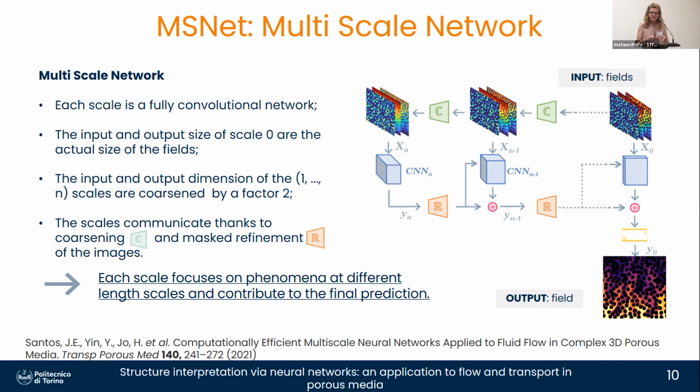This means that each scale accepts as input the features at a different resolution. In this way, the neural network is able to see different length scales in the input features, and is able to catch the impact of the different scales on its output objective.